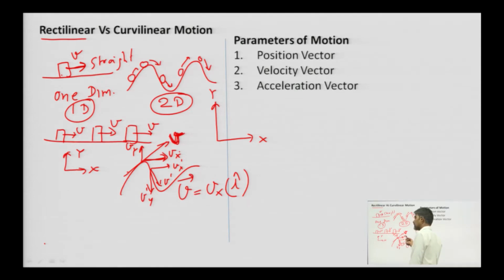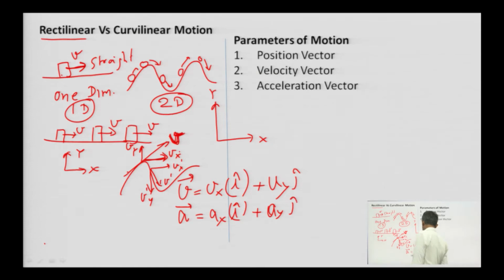For the x axis it is i cap. So, it is u x i cap plus u y j cap. Similarly, for acceleration it is a x i cap plus a y j cap.